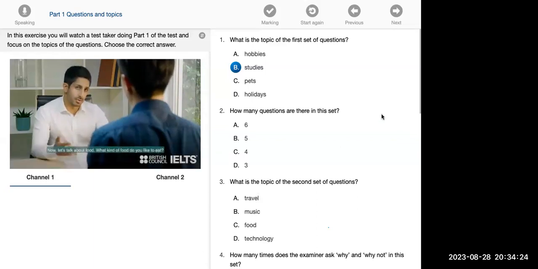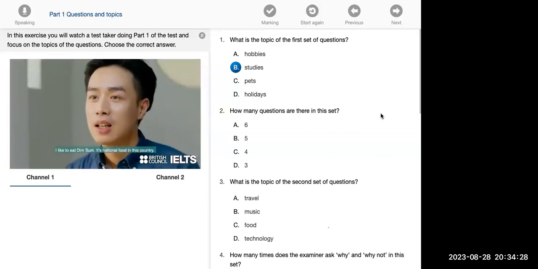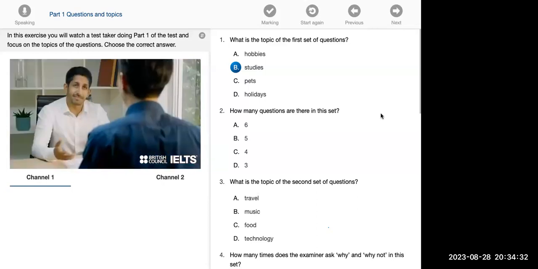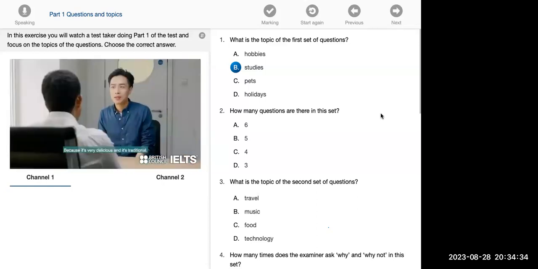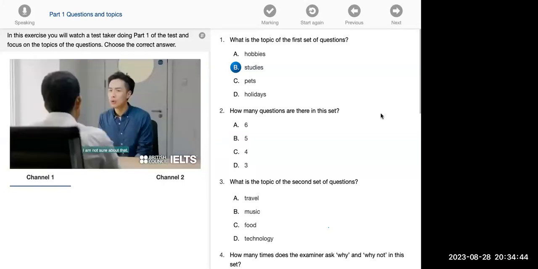What kind of food do you like to eat? I like to eat dim sum. It's national food in this country. Why? Because it's very delicious and it's traditional. What sorts of new food would you like to try? I'm not sure about that, but maybe I would like to try some Mexican food, like fajita.